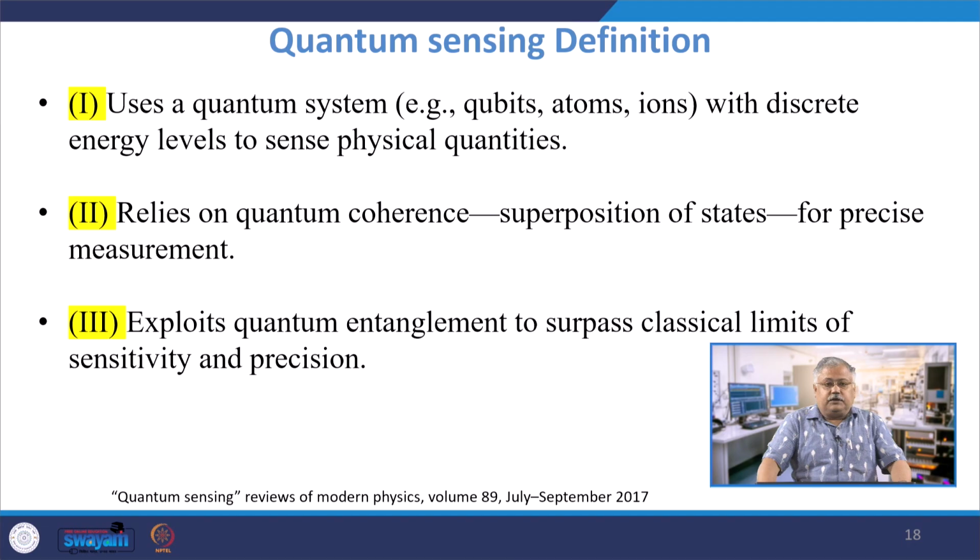And as I discussed with you, quantum entanglement helps you to surpass the classical limits. So, if your classical limit is set at x, then the quantum limit is much smaller than that, right. And why is it so? Because entanglement and superposition help you to generate a large number of state spaces, which will give you much more accurate values of the measured quantities.